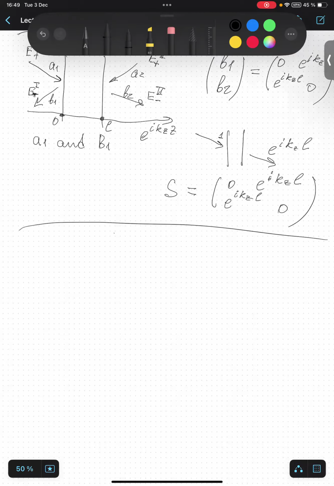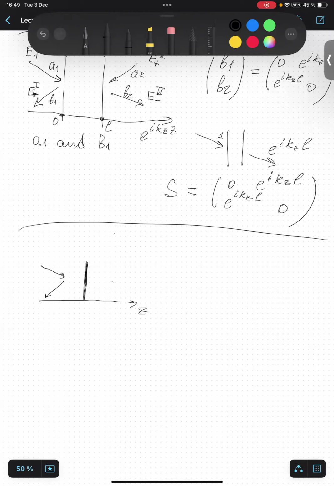When we have a mirror, you know that we have some reflection coefficient. So I will draw the mirror. It is thin enough, so we have reflected field.